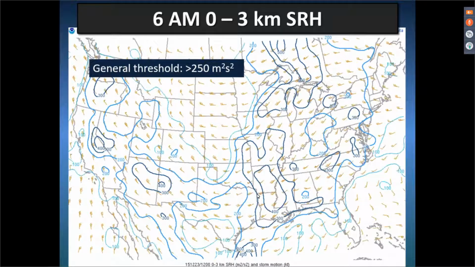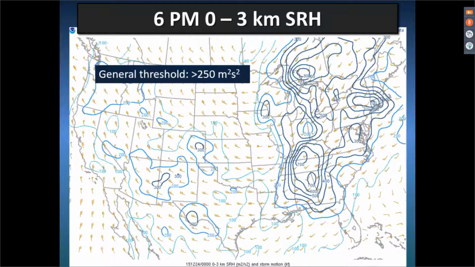And now let's look at a deeper layer of the atmosphere. The 0 to 3 kilometer SRH, again at 6 a.m., was like the 0 to 1 kilometer, around 200 to 300. Nothing earth-shattering. It is a little on the high side, but nothing major. But by 6 p.m. that day, check this out, over 700 here in parts of northern Alabama up into Middle Tennessee.